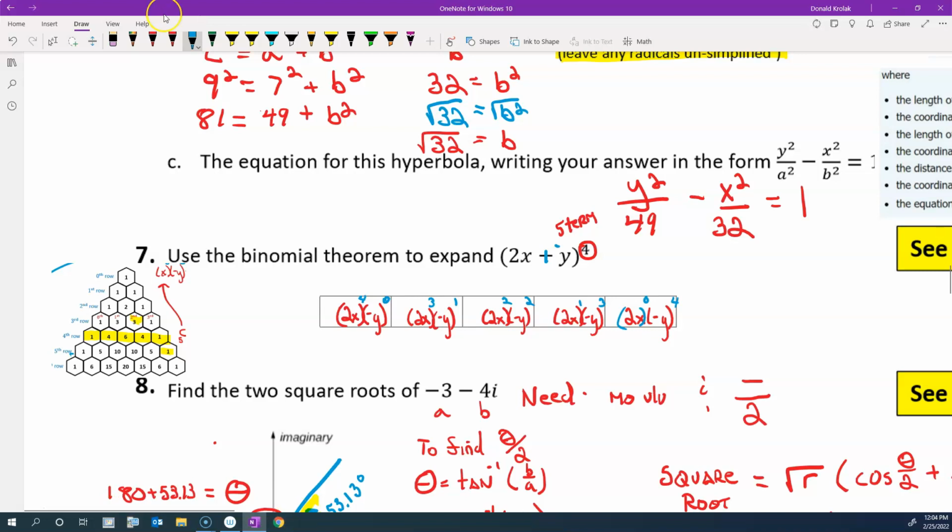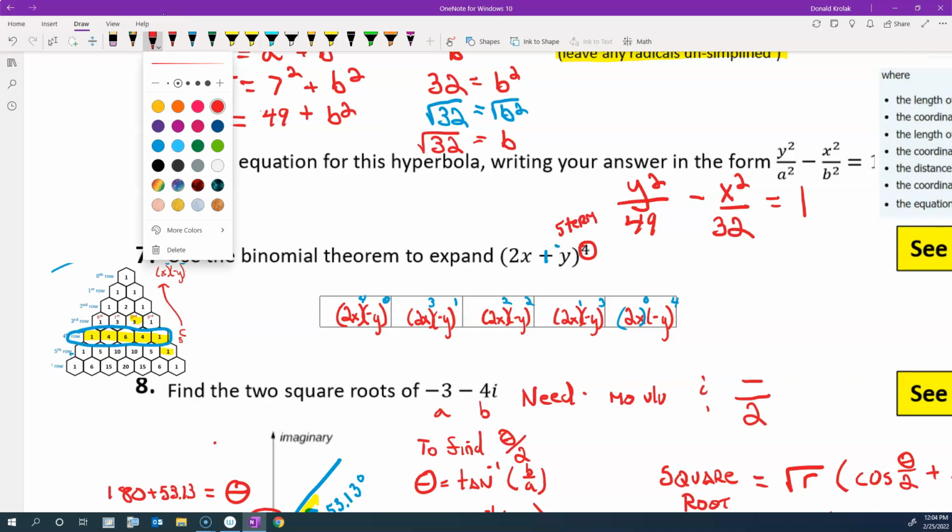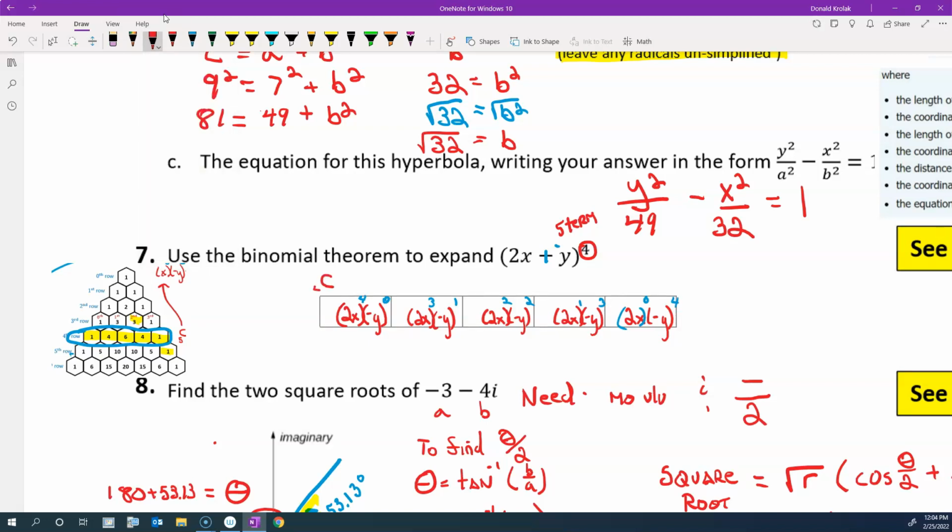To get the coefficients, we use our combinations, the entries in this row of Pascal's triangle. The first one is 4 choose 0, which is 1. This one is 4 choose 1, which is 4. 4 choose 2 is 6.